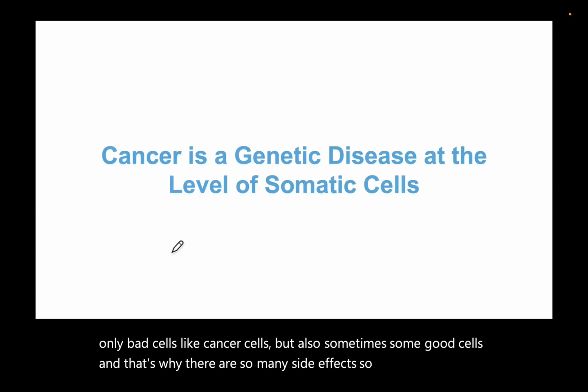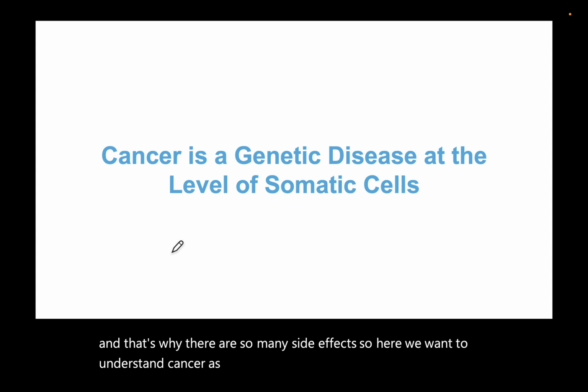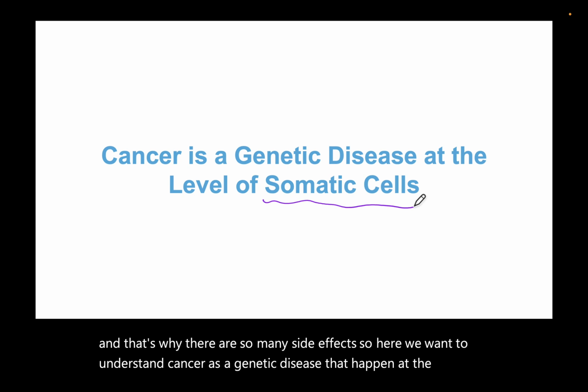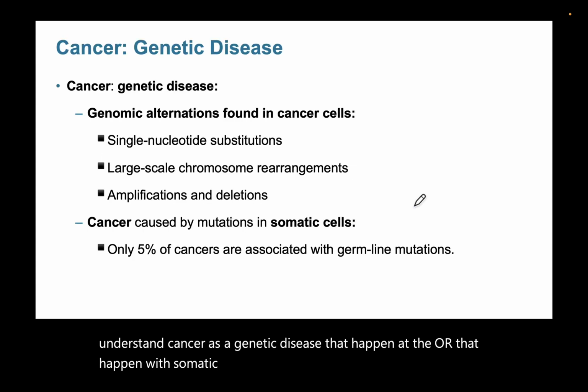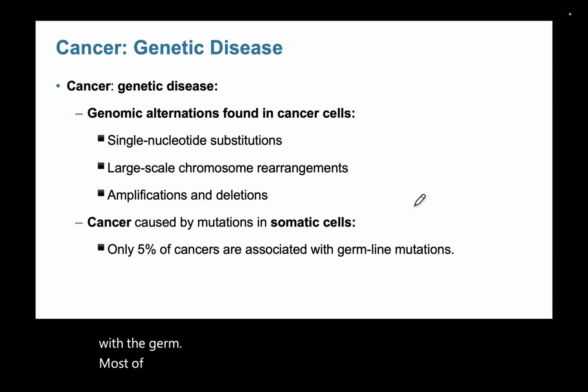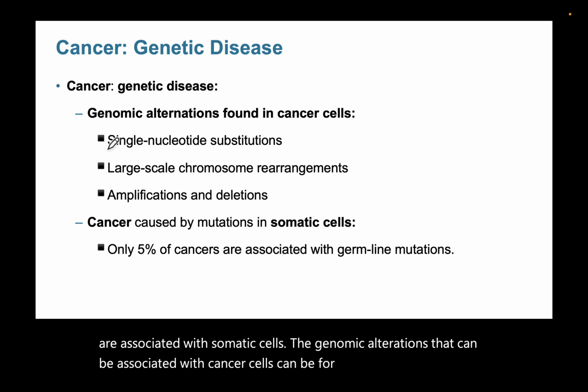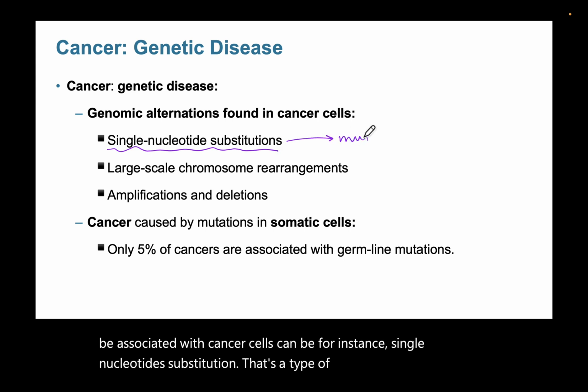So here we want to understand cancer as a genetic disease that happens with somatic cells. Some cancers will be associated with the germline cells, but most of the cancers that we have knowledge about are associated with somatic cells. The genomic alterations that can be associated with cancer cells can be, for instance, a single nucleotide substitution. That's a type of mutation that we studied in the previous class.